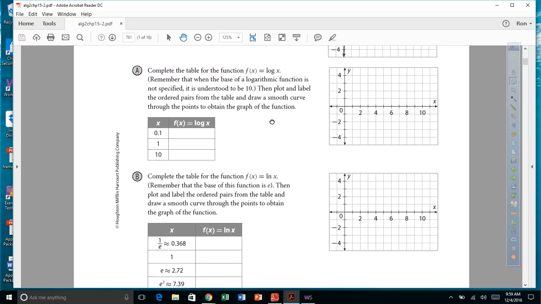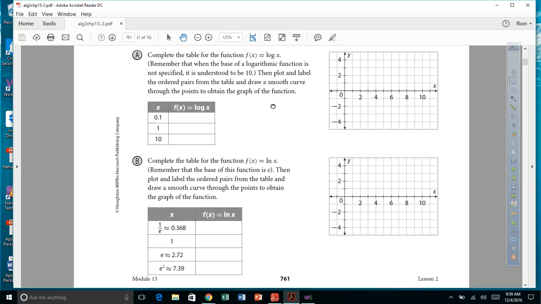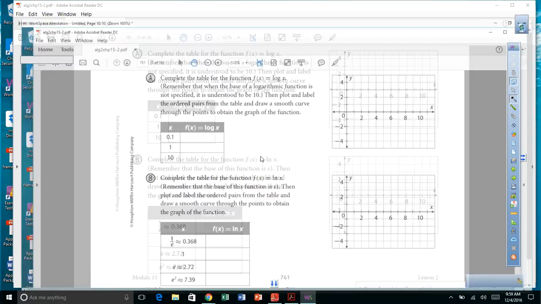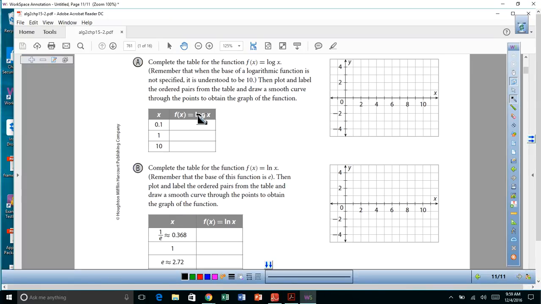So first, let's complete the table for the function f of x equals log x. So 0.1, you put that in log, and that gives you -1. Log 1 gives you 0, and log 10 gives you 1. So we got 0.1, -1, 1, 0, and then 10, 1.